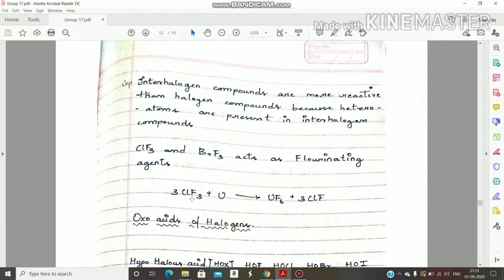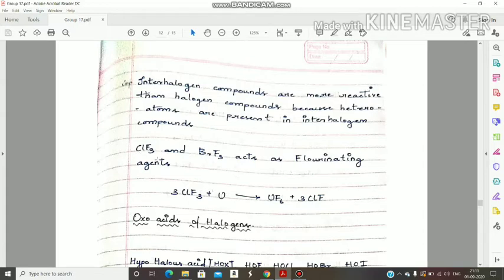Automatically, the atom which has more electronegativity gains electrons from the other atom, then the bond becomes weak, then automatically the bond will break, then reactivity will be more. So what is the answer? In interhalogen compounds, heteroatoms are present, so bond polarity will be more, so its reactivity is more compared to halogens. This is a very important question.